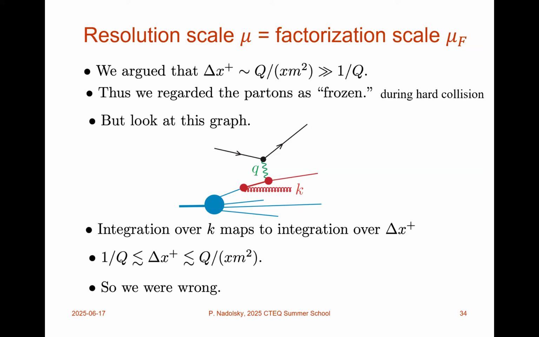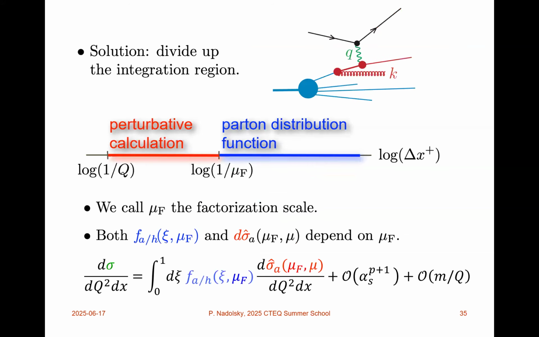Well, for example, when we calculate the cross sections, we integrate over the momentum of the final state gluon, and so basically it will smear the simple parton model picture where x is fixed and there is no dependence on Q. Now we start integrating over different sizes of the partons in the full range between 1/Q and Q over x m squared, right? And so our full formula must account for this integration.